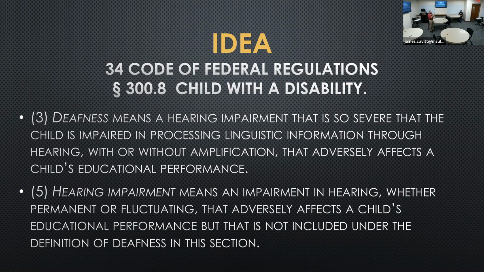It's got to be bilateral, so both ears. Both of these would affect the child's educational performance. So we've got deafness and hearing impairments. It's kind of two, but I put them together as one because they all fit into that one category of auditory impairments.